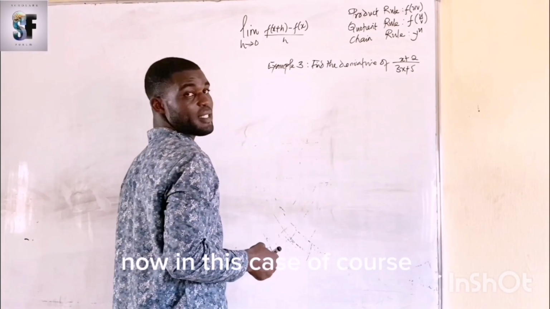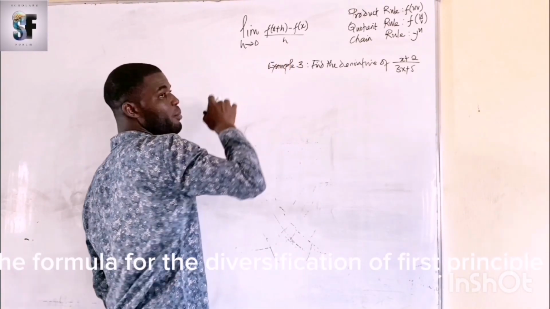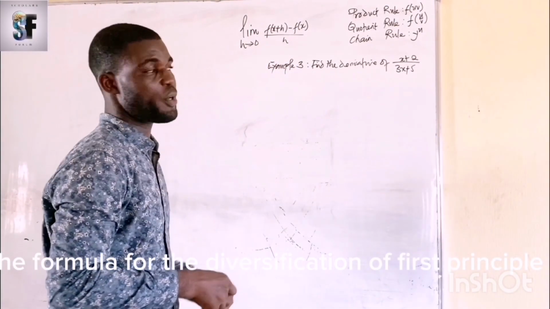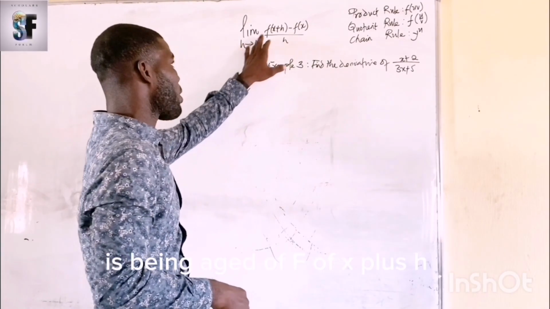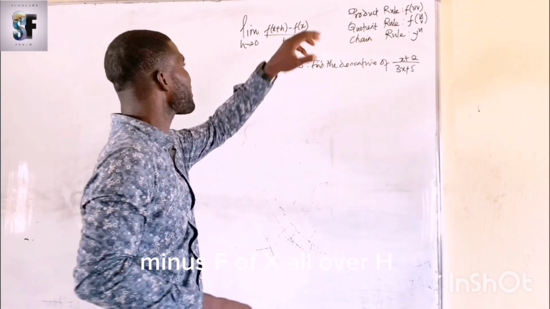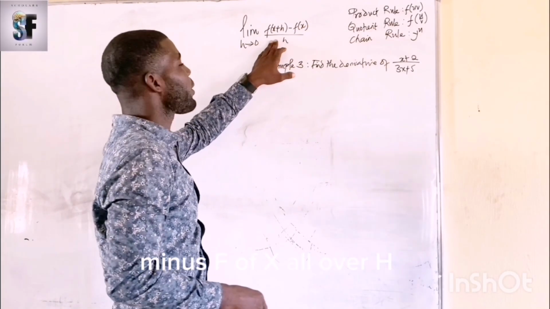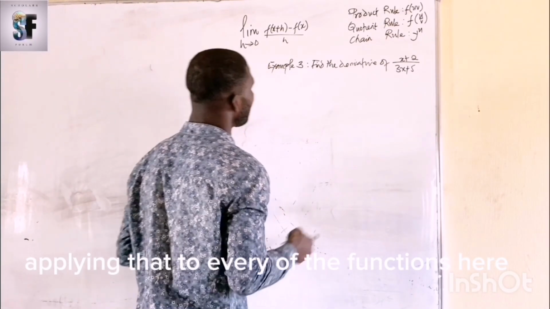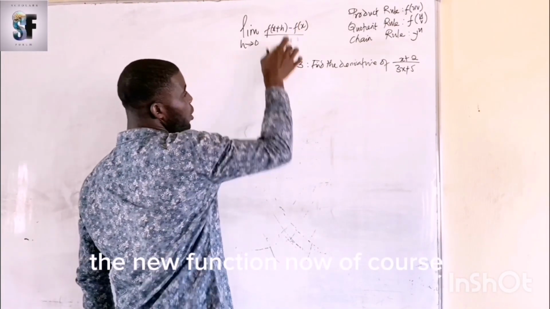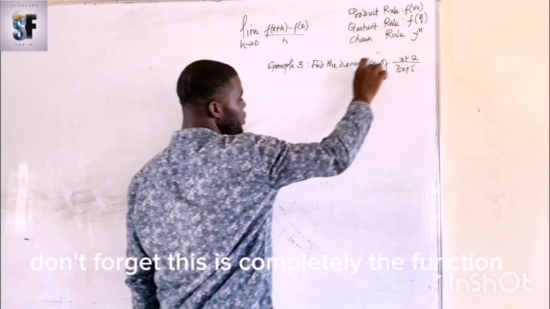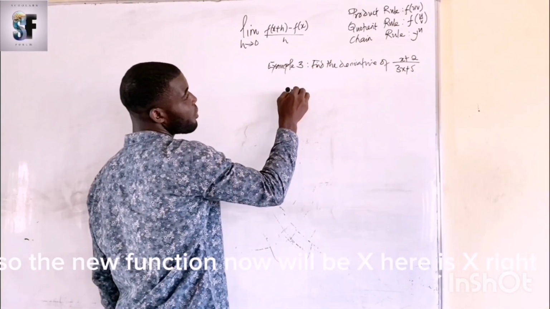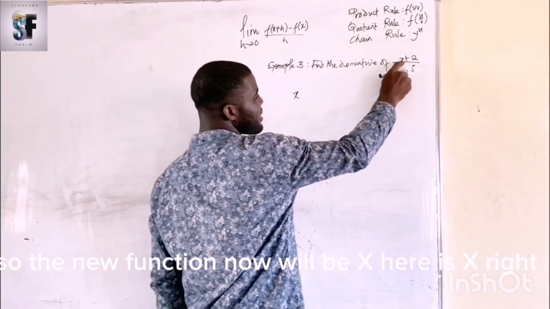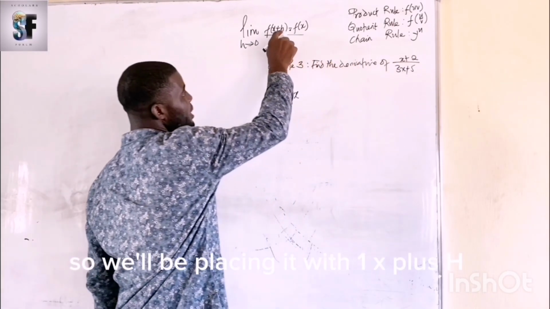Now, in this case, of course, we know that the formula for differentiation from first principles is the limit as h tends to 0 of f of x plus h minus f of x, all over h. Applying that here, don't forget this is completely a function. So the new function will have x replaced with x plus h.